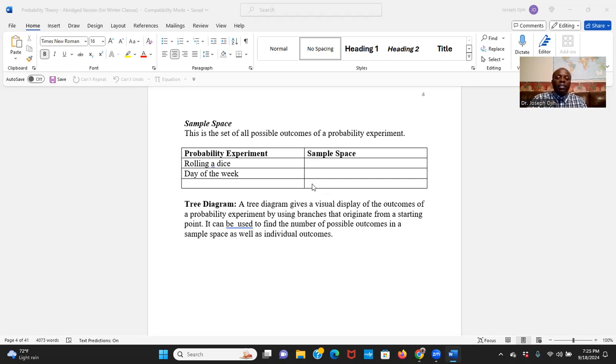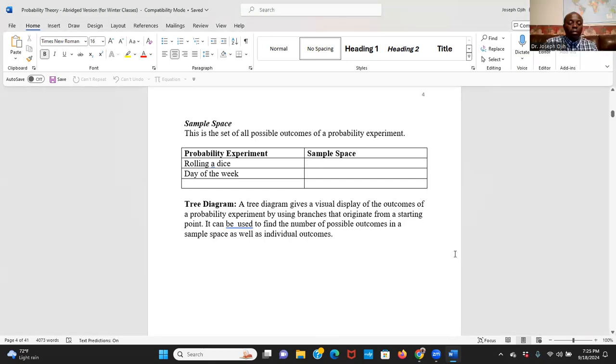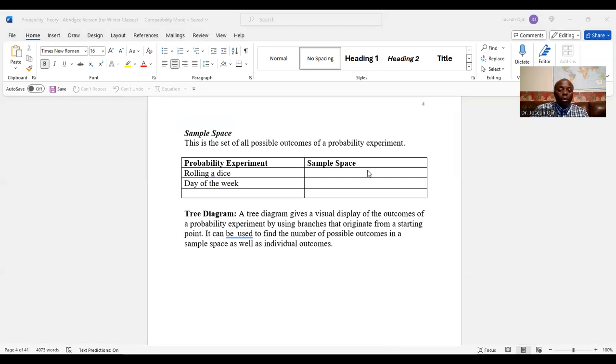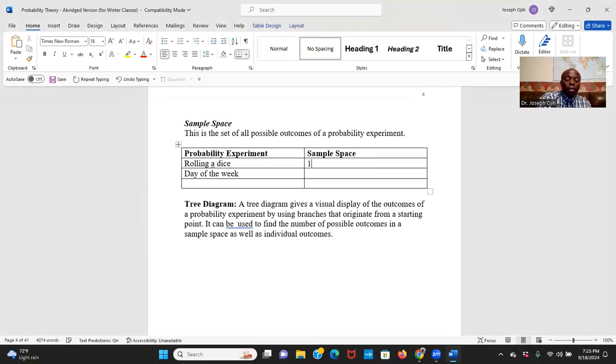For example, when you roll a dice, the sample space can be 1 through 6: 1 showing up, or 2 showing up, 3 showing up, or 5 or 6.